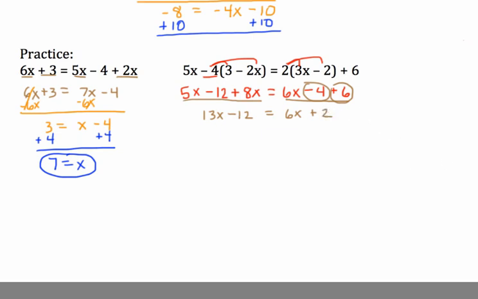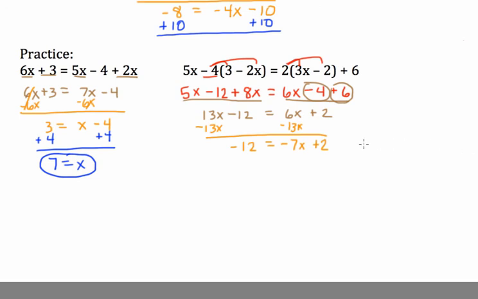Now I can move my x's to one side. Think money, I had $6, I lose 13, I'm now 7 in the hole. Now I'm down to a two-step equation.